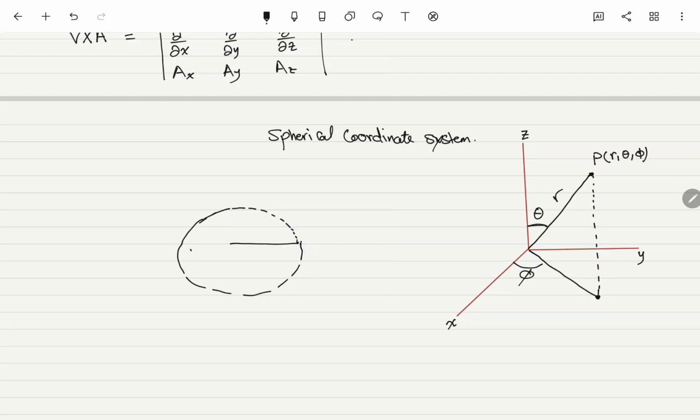Then you move this one, which is theta in this case. So to draw a sphere, you need r, phi, and theta. Back to this figure here.